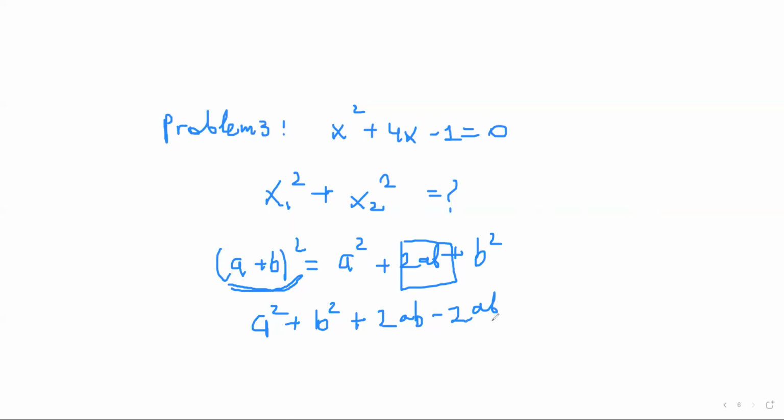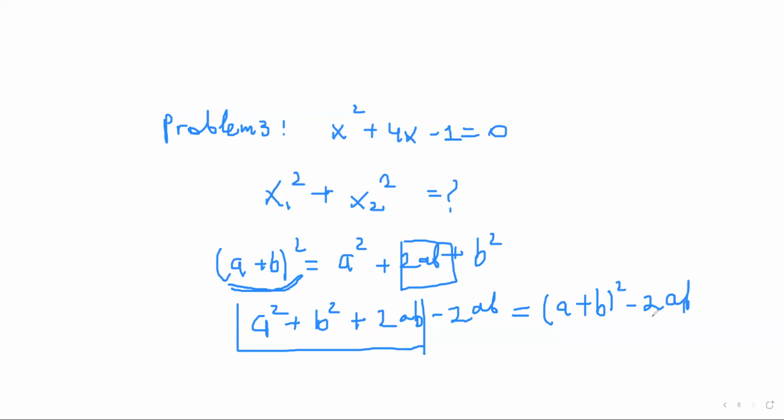But if we subtract that element, nothing changes. So 2ab and minus 2ab cancel, and we get the same thing. For us, it works if we take these three terms, so it's going to be (a plus b) squared minus 2ab.